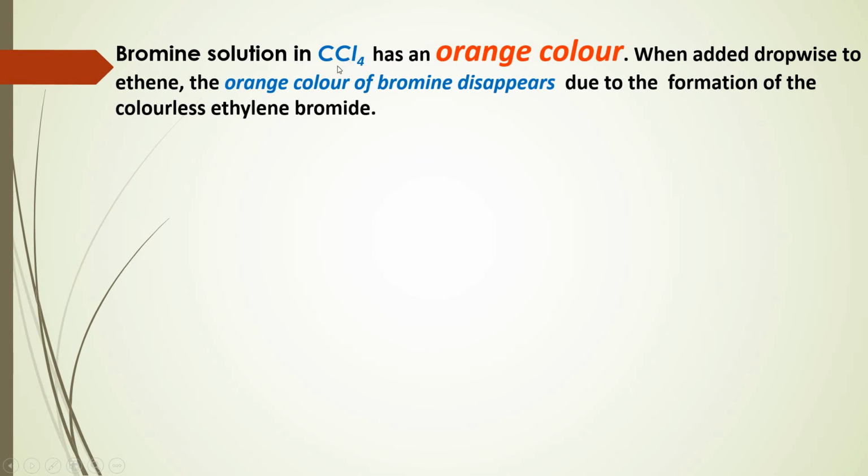But when this orange bromine solution is added dropwise to ethene, the orange color of bromine disappears due to the formation of colorless ethylene bromide. That means the double bond gets broken and bromine gets added to the ethene. Therefore, the orange color disappears because a new product has been formed with new chemical properties.